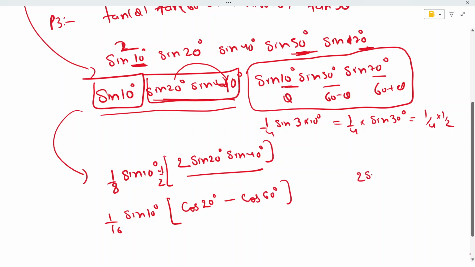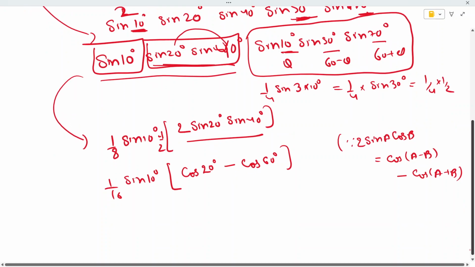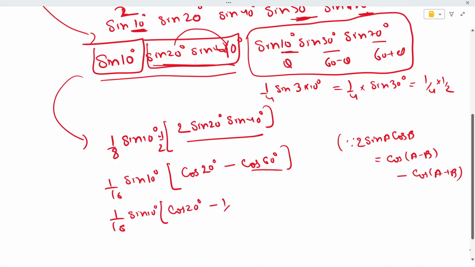Let me write 2 sin a cos b. Its formula is cos(a minus b) minus cos(a plus b). Okay, I'm using that formula. We know the value of cos 60 degrees, 1/16 sin 10 degrees, cos 20 we don't know, and we know this value is 1/2.